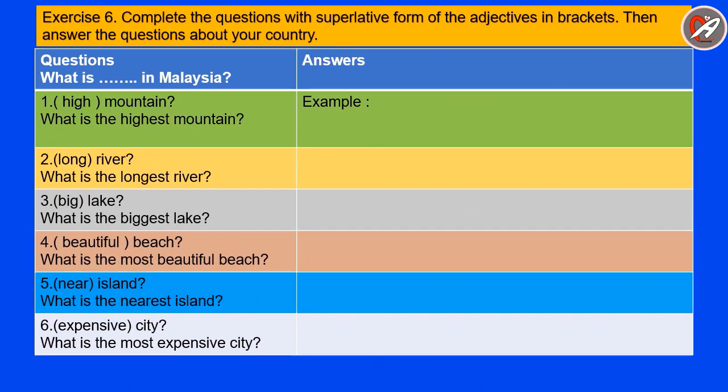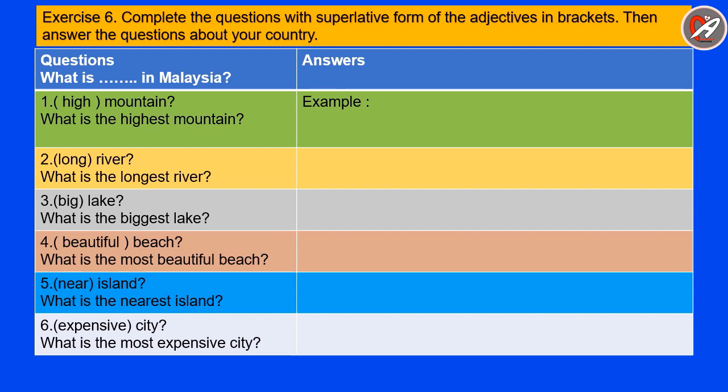Okay, let's try exercise 6. Complete the questions with the superlative form of the adjectives in brackets. Then answer the questions about your country. Look at this question: What is blank in Malaysia? We need to turn high, which is the adjective, into the superlative form, and we must form the question.